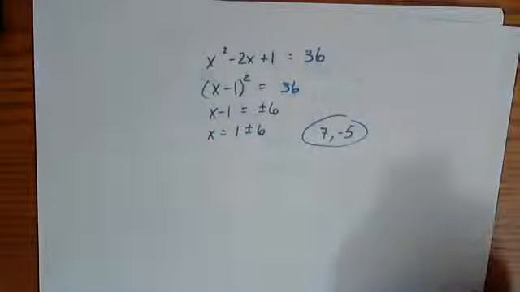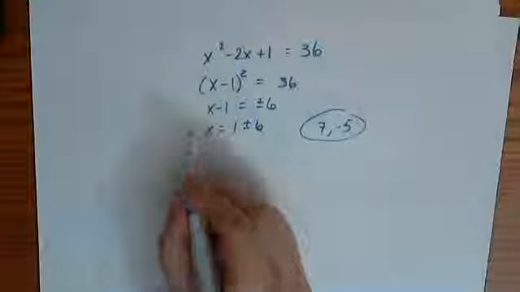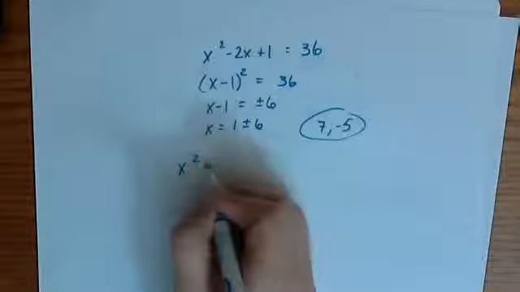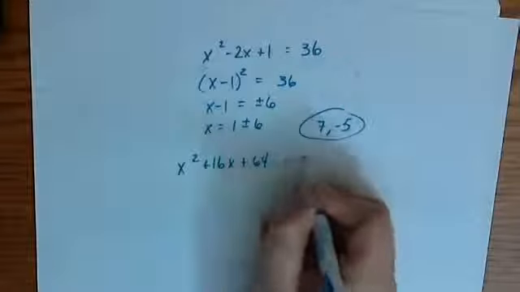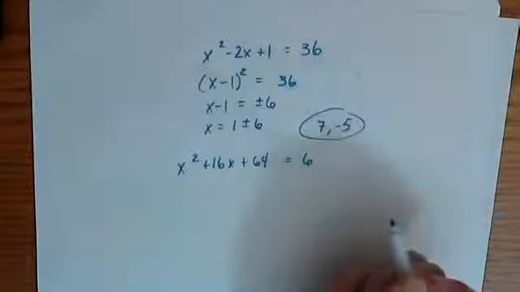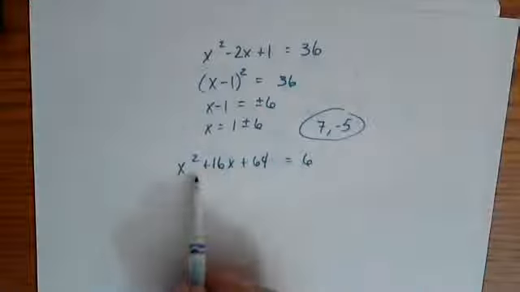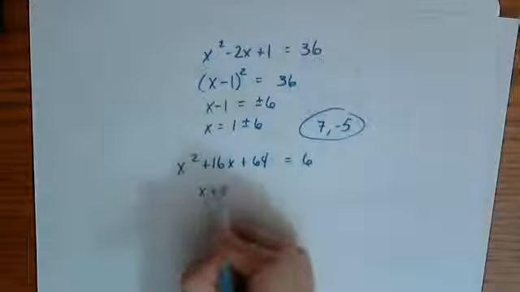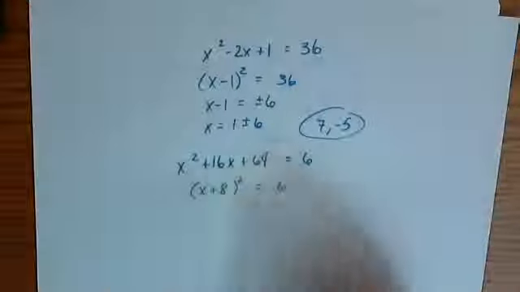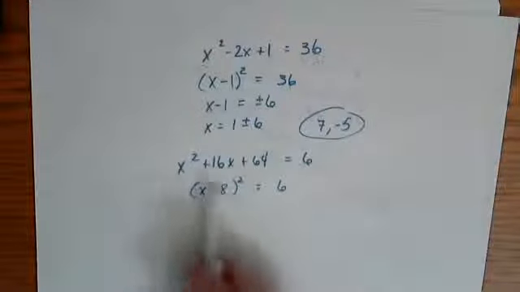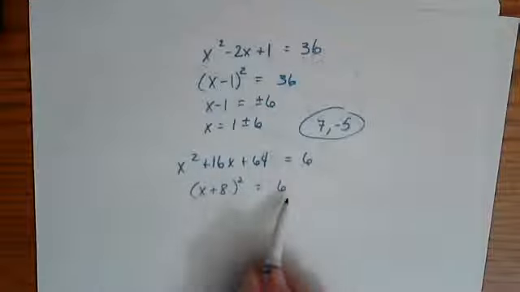Right? Okay, another example. x squared plus 16x plus 64 equals 6. Can I factor the left-hand side? x plus 8 squared equals 6. All I did on the left was factor it, so I don't have to change anything on the right.